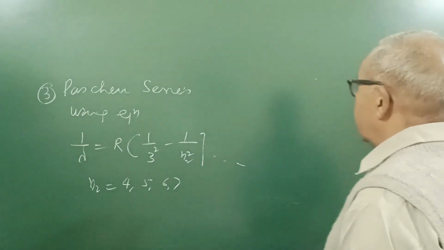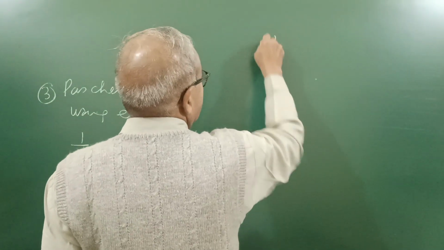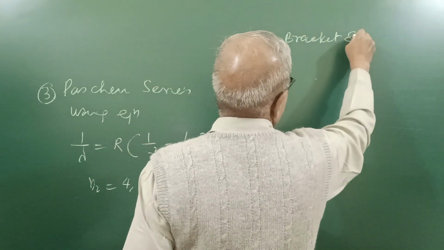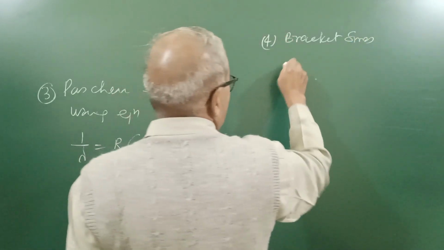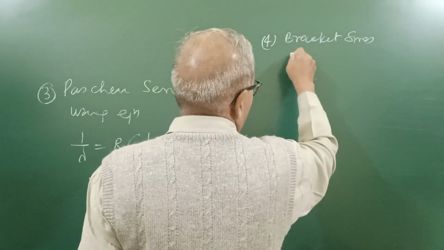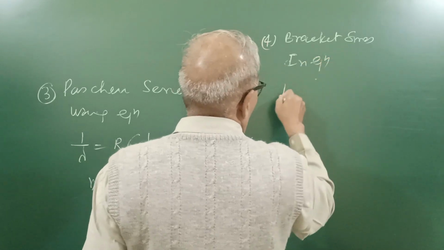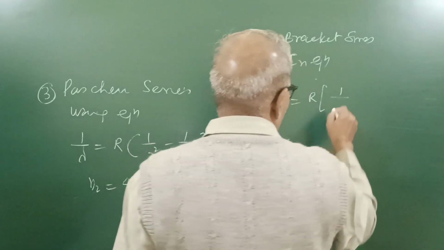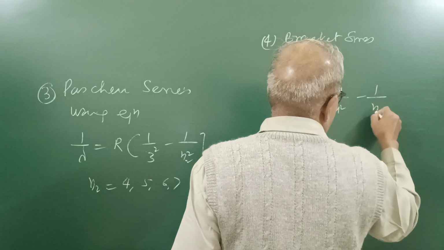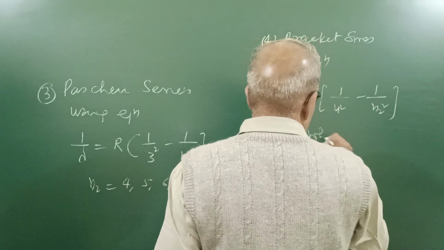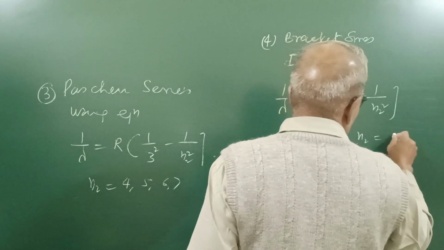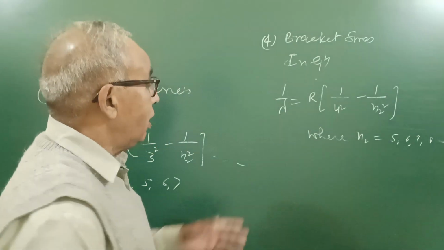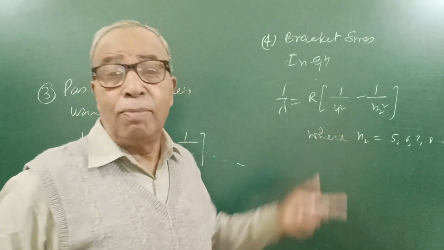Then comes the fourth series, the Brackett series. Putting in the equation 1 upon lambda equal to R into 1 upon 4 square minus 1 upon n2 square, where n2 equal to 5, 6, 7, 8 and so on, this is the formula given by Bohr theory.